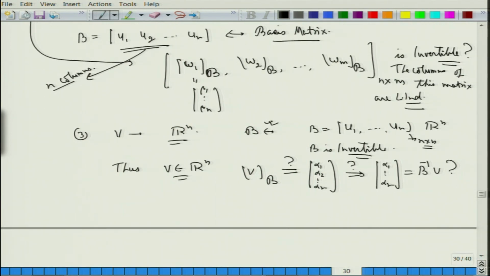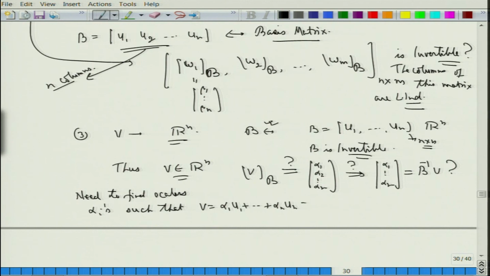So understand it. What I need is to find scalars alpha i's such that V is equal to alpha 1 u1 plus up to alpha n un.